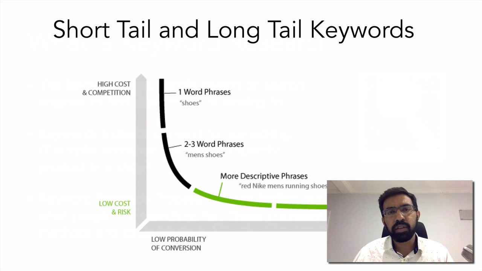But imagine that this person is just walking around and asking for drawing notes. Here he is not really specific, he is not even clear what type of drawing note he wants. Asking for something like a drawing note is a short tail keyword. Asking for something like A3 size drawing note is a long tail keyword.